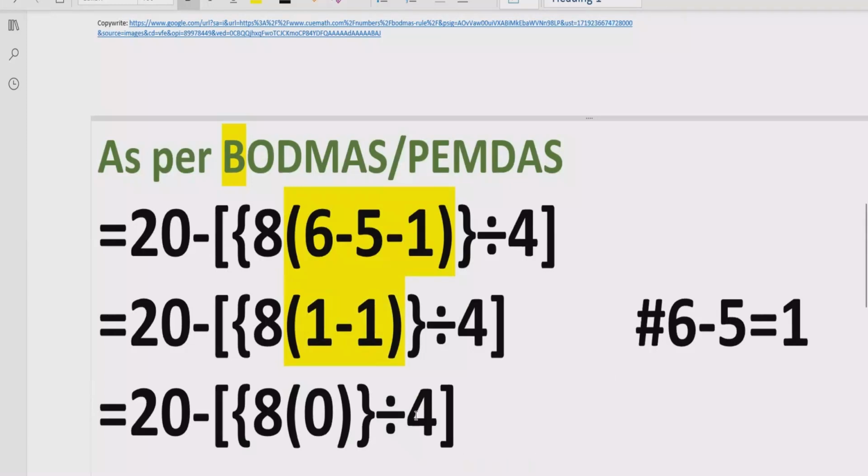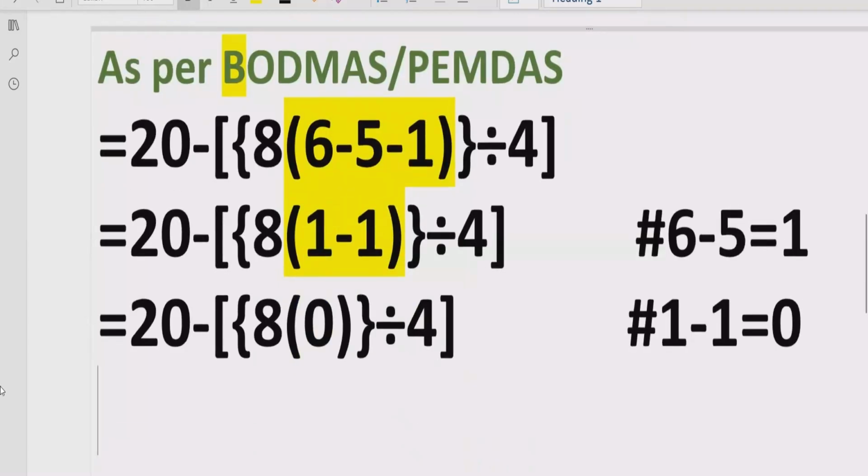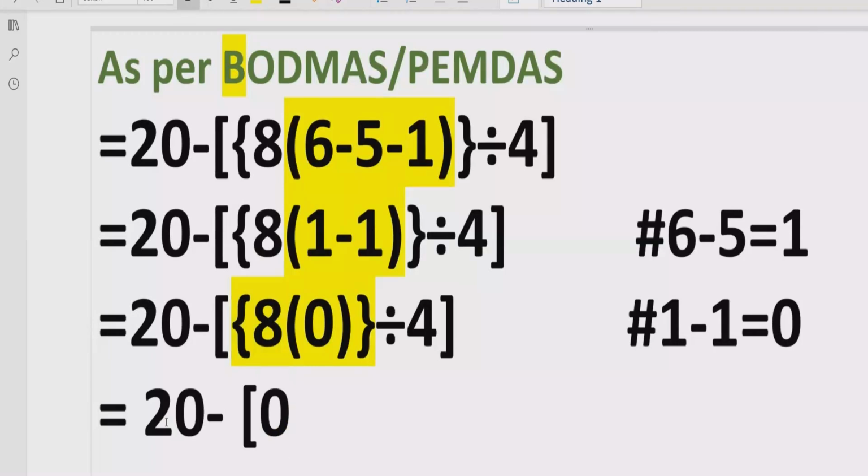And here we give the reference: 1 minus 1 equals 0. Now we have solved one bracket. Now we have to solve this curly bracket. So 20 minus 8 multiplied by 0 equals 0, because when we multiply any number by 0, we get the answer 0.